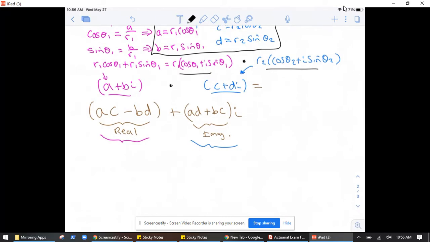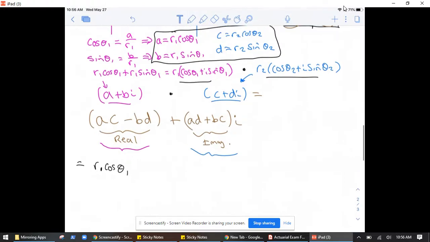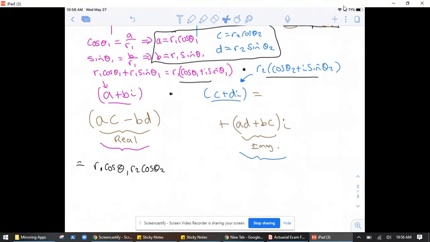So A, again, remember, is R1 cosine of theta 1. C is R2 cosine of theta 2. Again, just to give myself some room, that's AC.